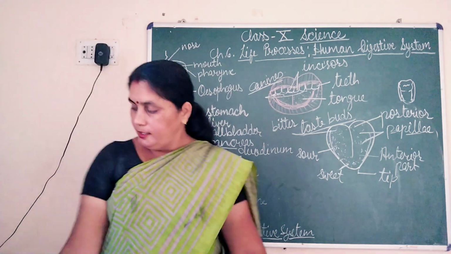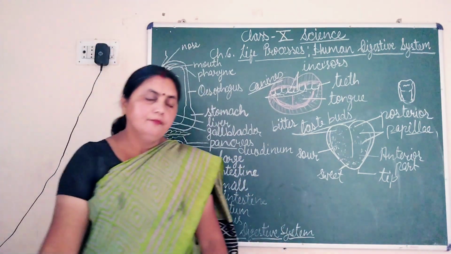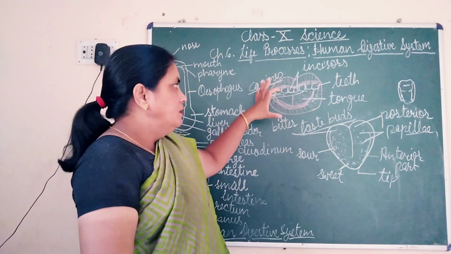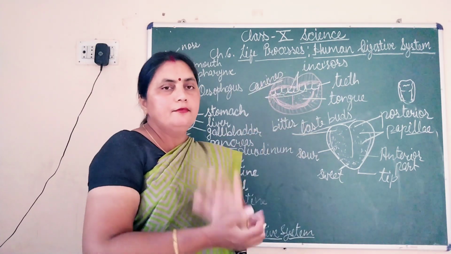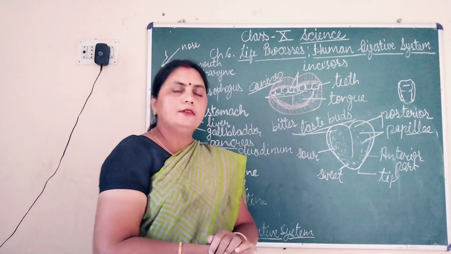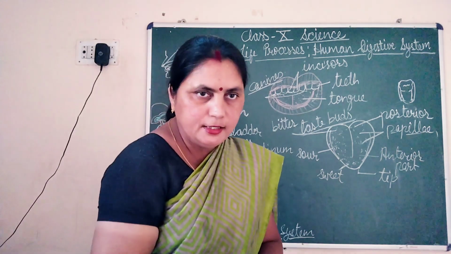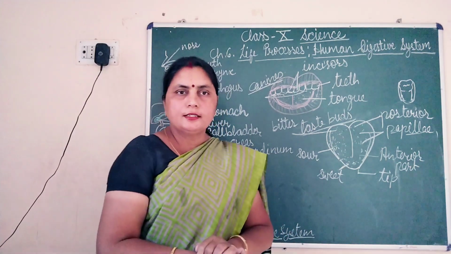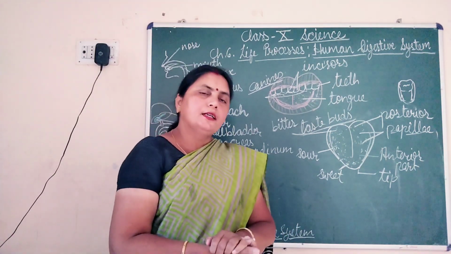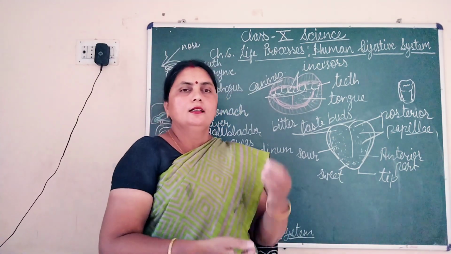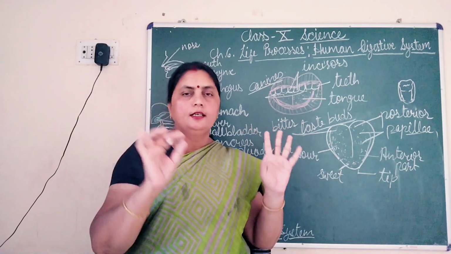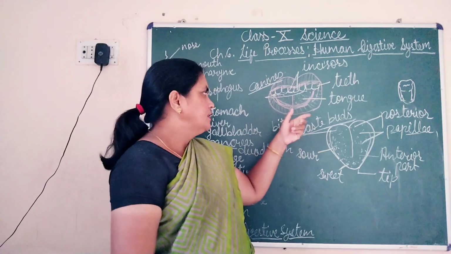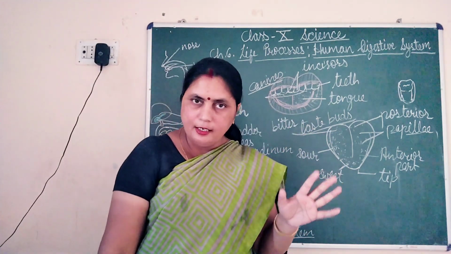One more important thing about mouth and buccal cavity. Children, in the mouth some saliva is secreted, and this saliva is secreted by some salivary glands, about which you will discuss in higher classes. But in short, I will tell you that below the eyes, behind the ear, and at various places, these salivary glands are located.